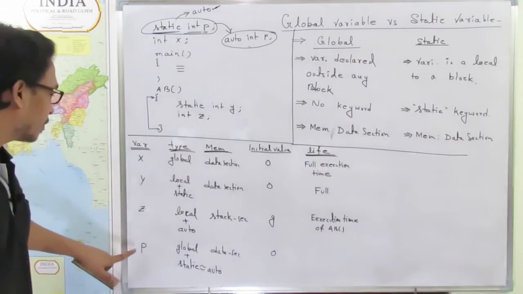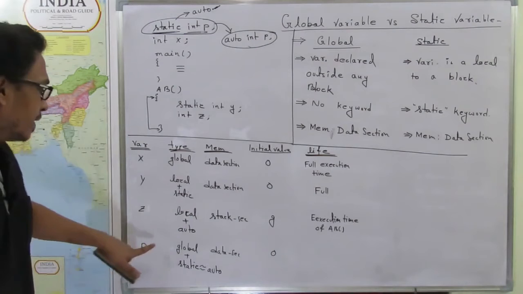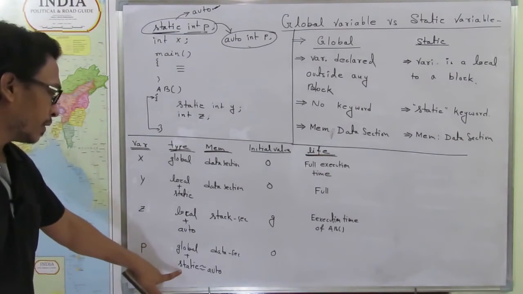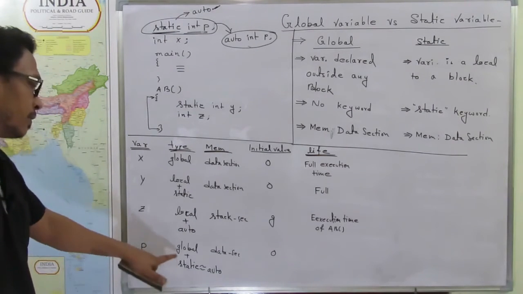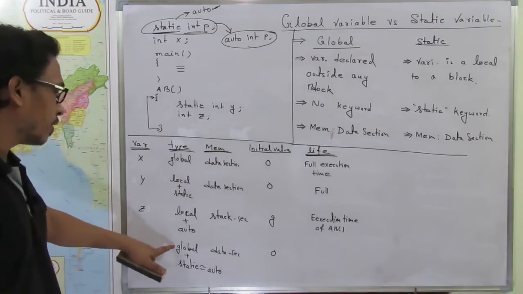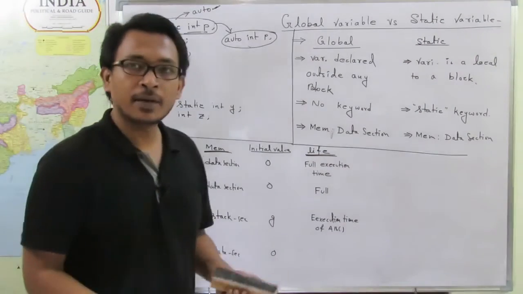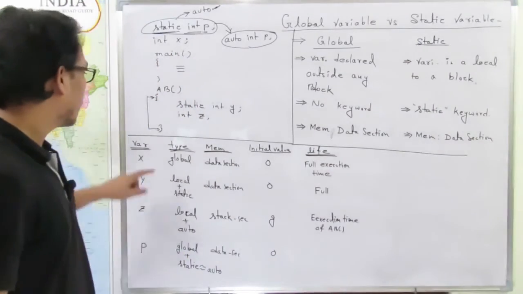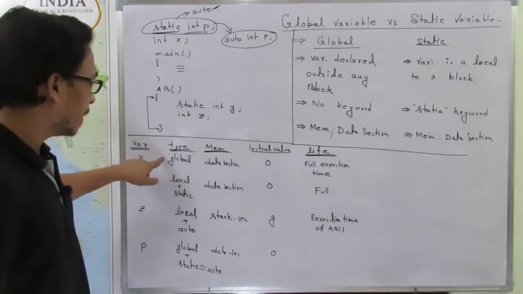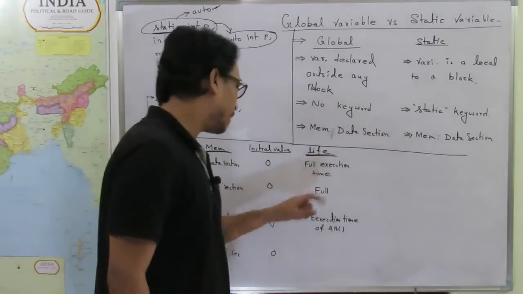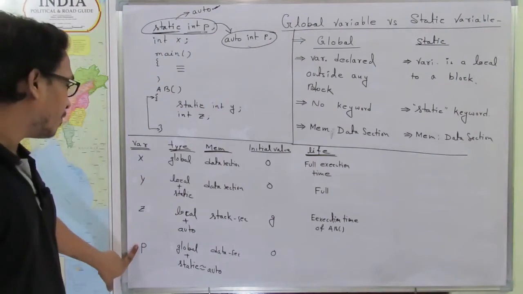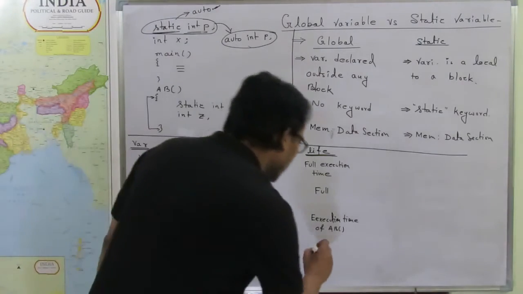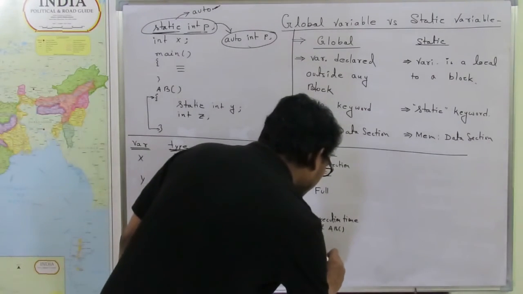Clear? Now coming to variable p. Look, p is global and static, so when the static keyword is used with global, it behaves like auto, and whatever we have for global, that is full execution time. That means the life of p is again the full execution time.